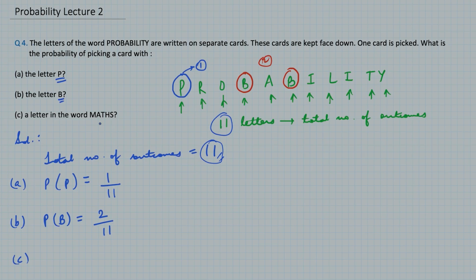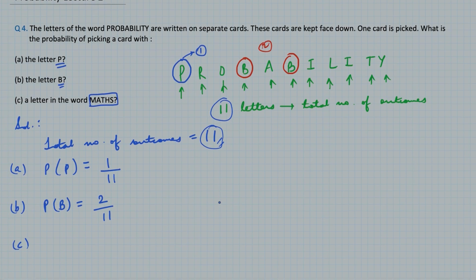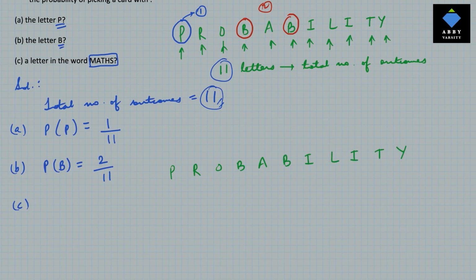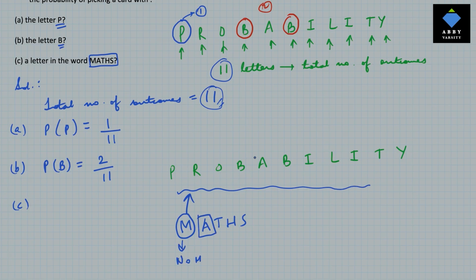Part C. The event here is drawing a letter in the word maths. We will now check for each letter in the word maths one by one in the word probability. How many M's are there in the word probability? 0. How many A's? 1. How many T's? 1.